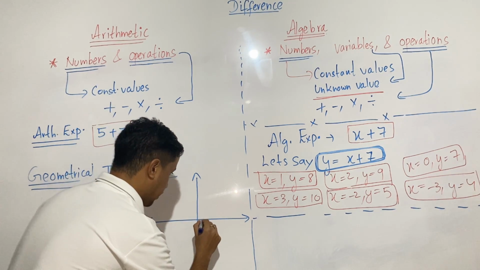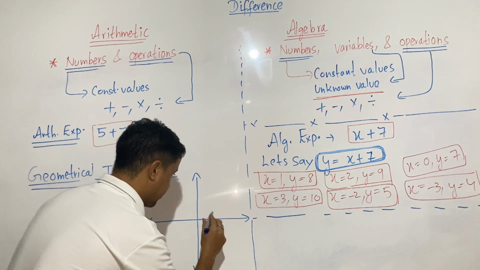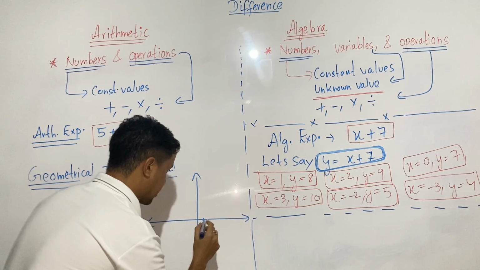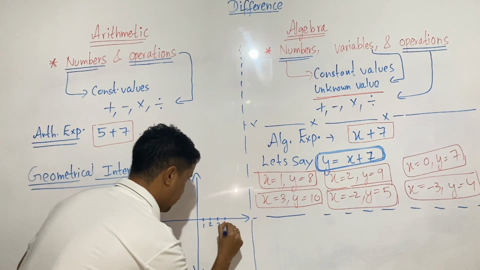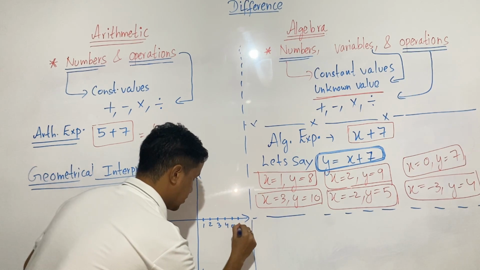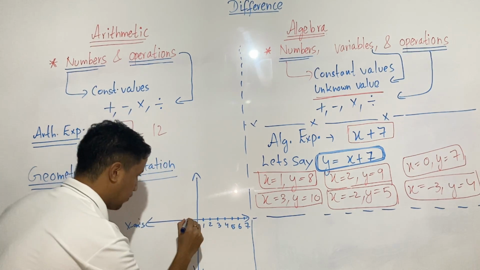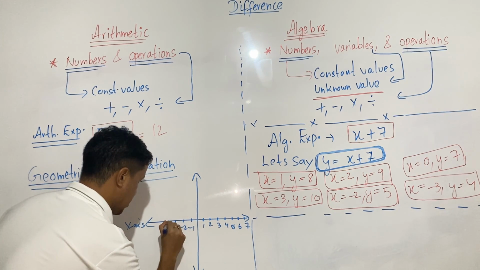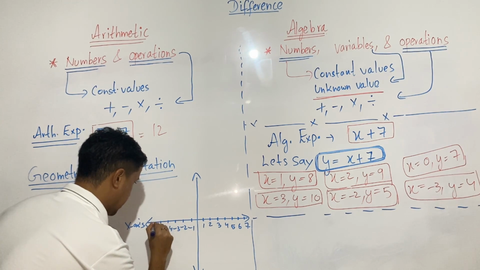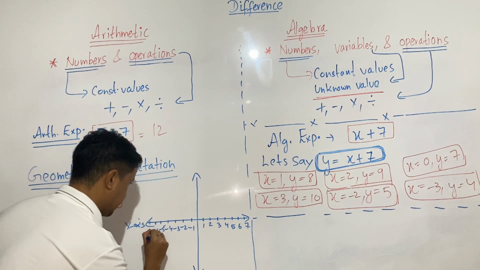Here I have the positive x side 1, 2, 3, 4, 5, 6, 7, and on this side the negative x-axis, minus 4, minus 5, minus 6, minus 7.